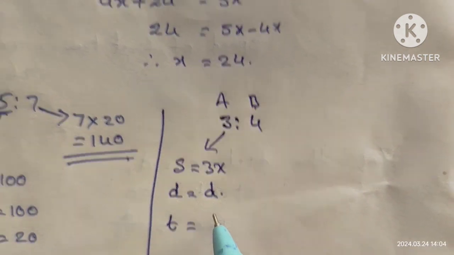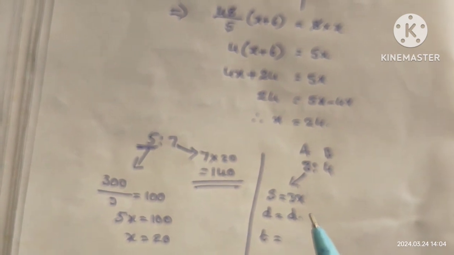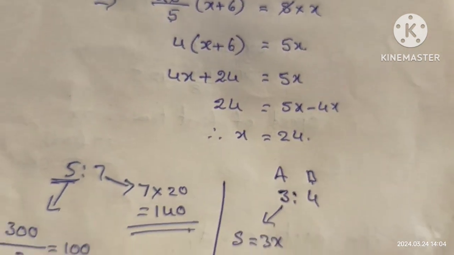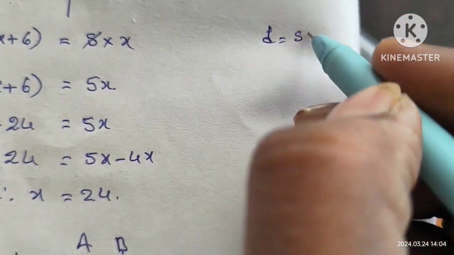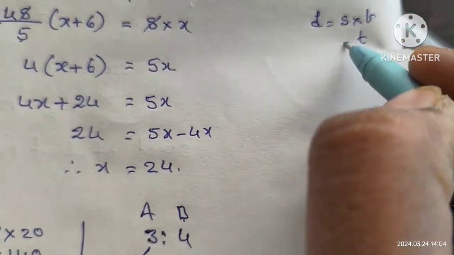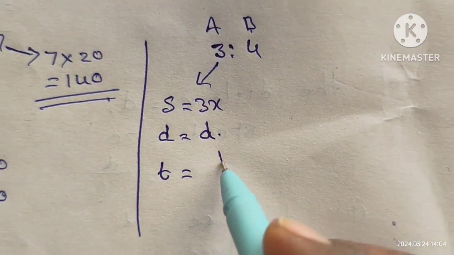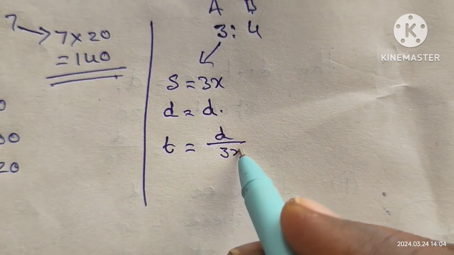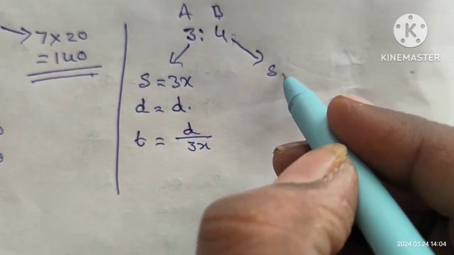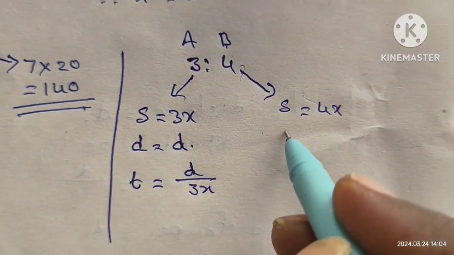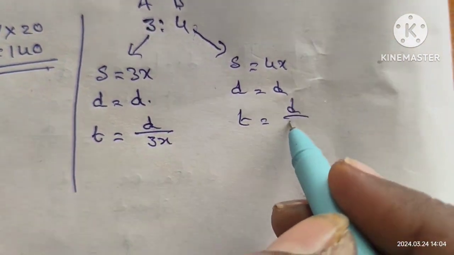We know that distance equals speed into time. Then time equals distance by speed. So the distance is D only, by speed 3x. Next, if you take B, its speed is 4x and the distance is the same D, and time is D by 4x.